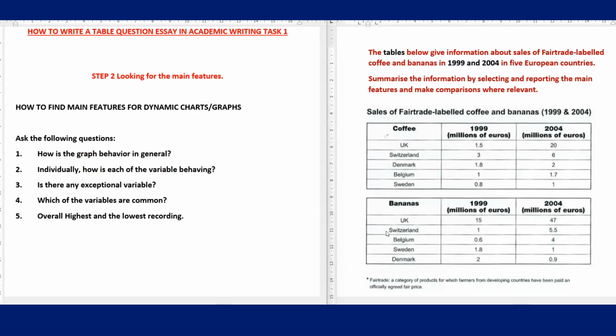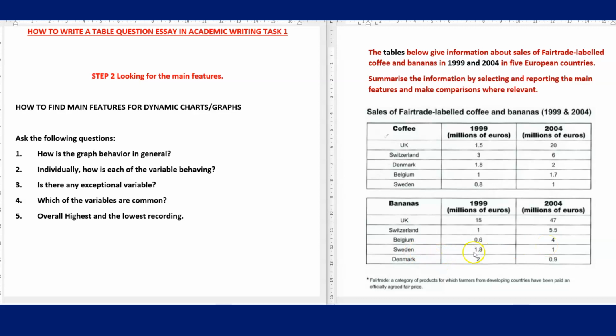Let's go to the banana. What happened to the banana? UK 15 to 47, and that is a very wide number. Also Switzerland from 1 to 5.5, Belgium 0 to 4, so we can see that it's still increasing.